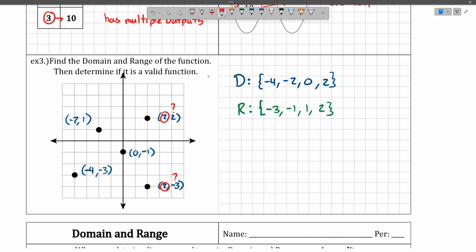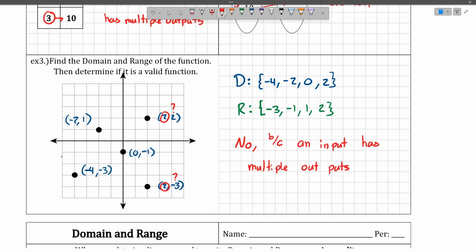Okay. So is this function a valid function? And unfortunately, it's not. No. Because an input has multiple outputs.